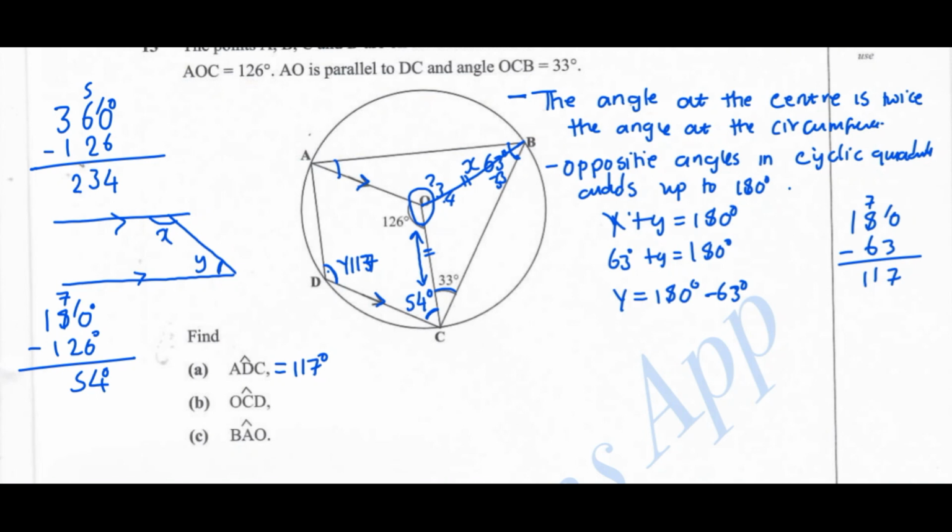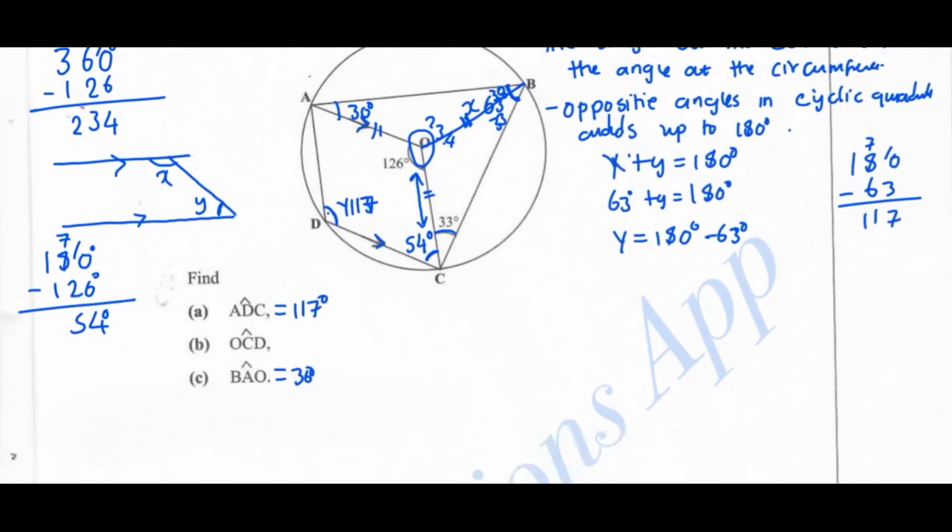And we know that the total angle is equal to 63. So if there is 33 here, this means that there is a 30 here. This is radius, also this is radius, so even here we are going to have 30. So our angle there is also 30. So this is how we can answer a question like this one.